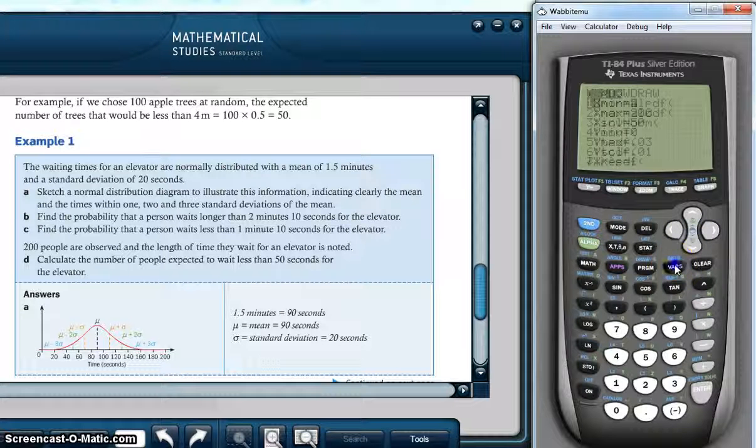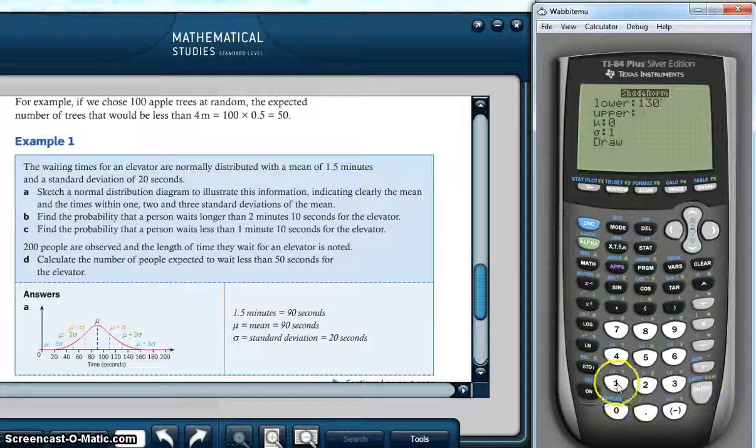Second, distribution. I'm going to go over and I'm going to draw the normal shade. Okay, so it's going to shade the normal distribution with the values that I give it. So my lower bound, if I want the probability that they wait more than 2 minutes and 10 seconds, is actually 130.